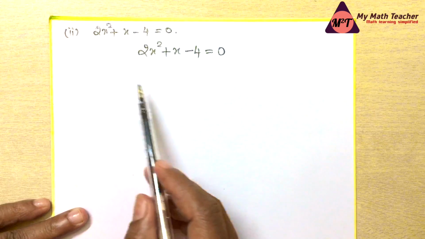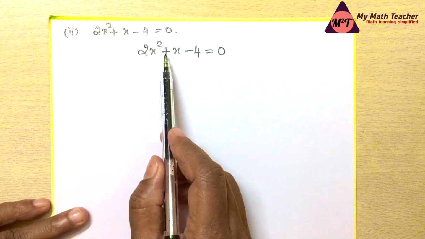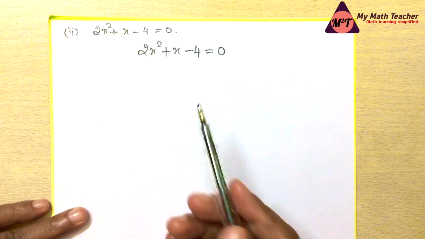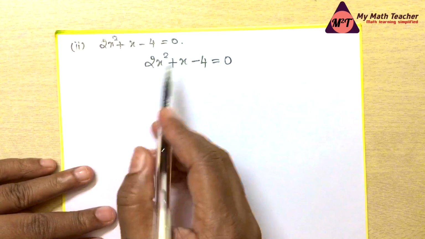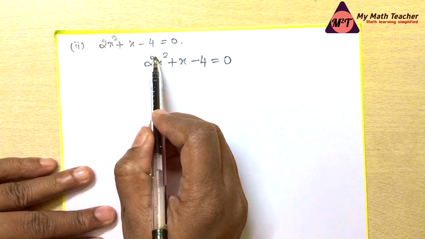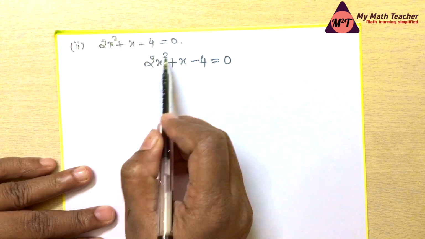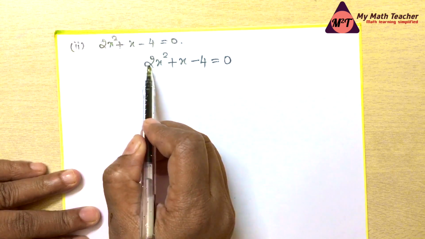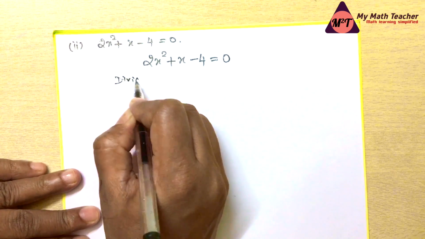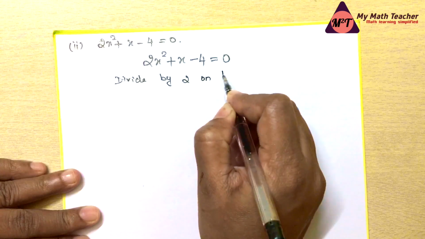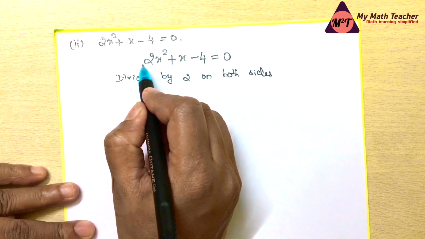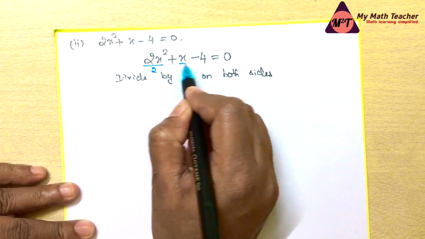The second subdivision given here is 2x square plus x minus 4, which is equal to 0. It is already in the quadratic equation form. Now you have to eliminate the coefficient of x square. That is, we are going to divide this entire equation by 2. As usual, I am going to use a color code so that you can understand clearly.